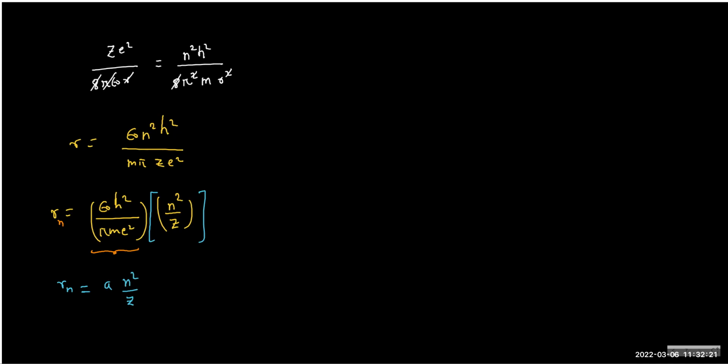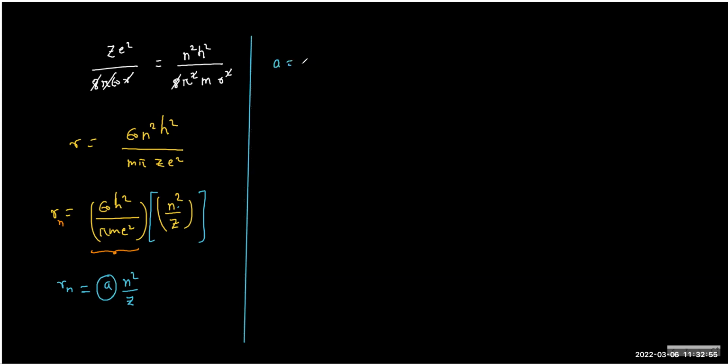This is a fundamental constant. That is the least radius possible in a quantum world, and that is possible when you put n equals to 1, because that is the first, the smallest orbit, and Z equals to 1, which is the H atom. So in the single electron system, for H atom in the ground state, n is 1, Z is 1. So the least radius possible is this value. So now this value is the least radius. 0.5. Exactly.